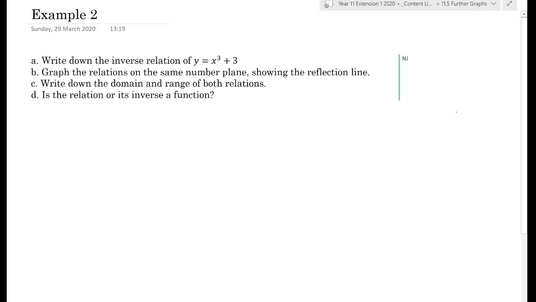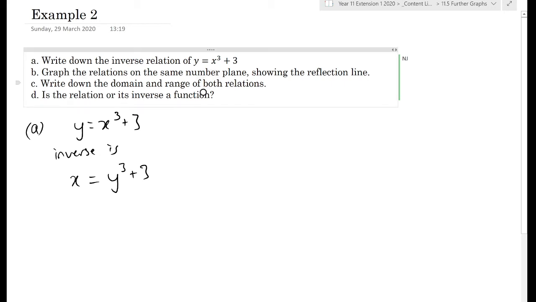Write down the inverse relation of y is equal to x cubed plus 3. So y is equal to x cubed plus 3. So the inverse is, swap them around, we get x is equal to y cubed plus 3. So the inverse relation is that.